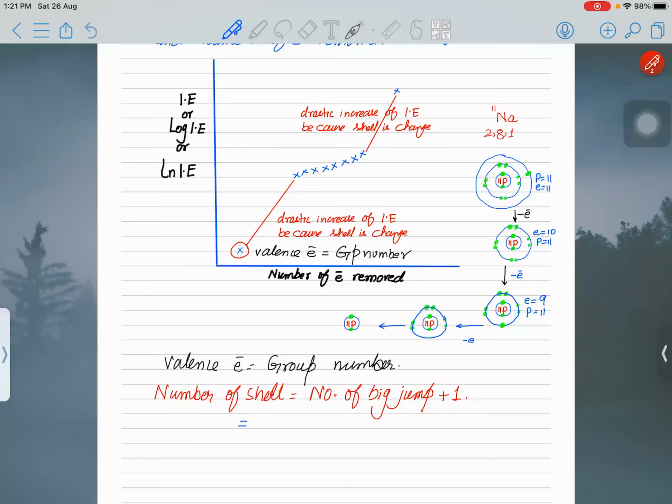So 2 plus 1 is 3, so third period. Now you can open the periodic table and see that sodium belongs to period 3 and group number 1. Now check, am I right? Yes, sir.